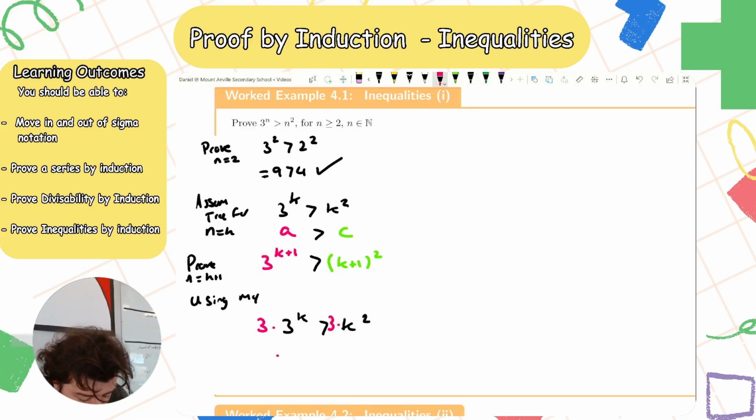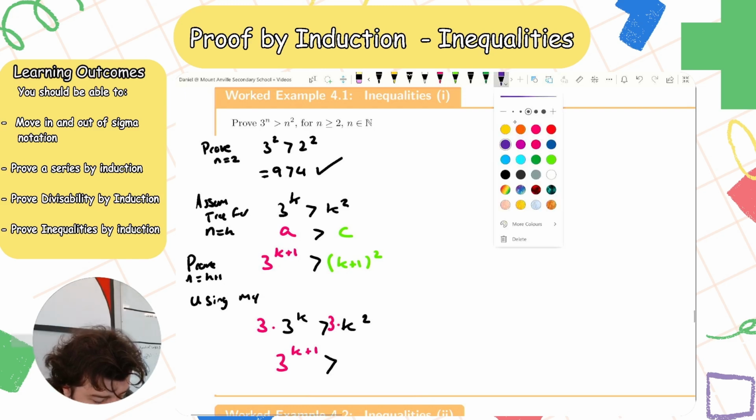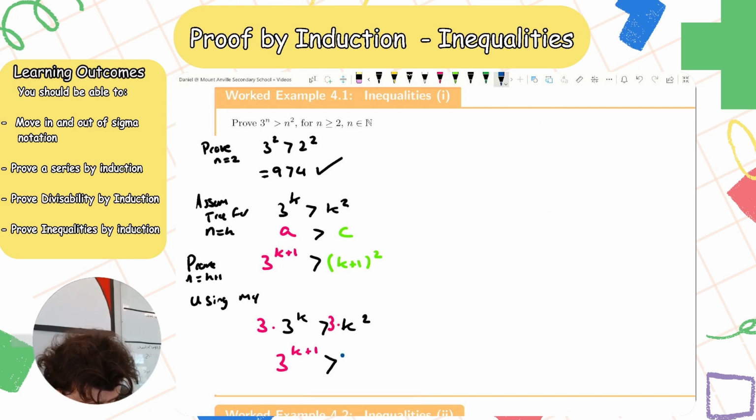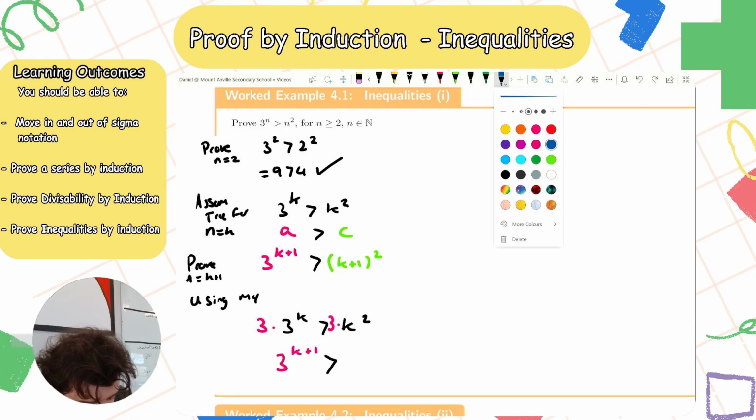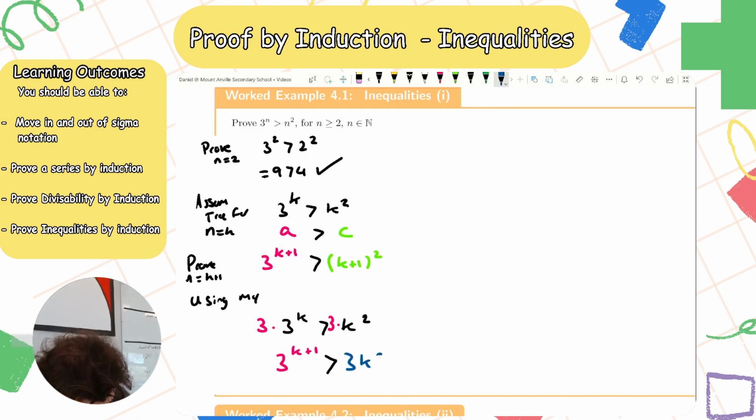So I'm left with 3 to the k plus 1 is greater than 3k squared. So I now have A is greater than B. I'm looking to prove A is greater than C, and I have A is greater than B. So I now need to prove B is greater than C.